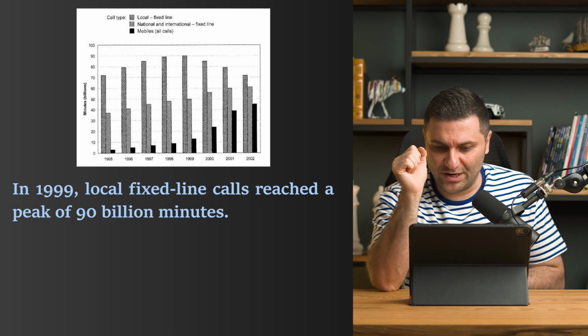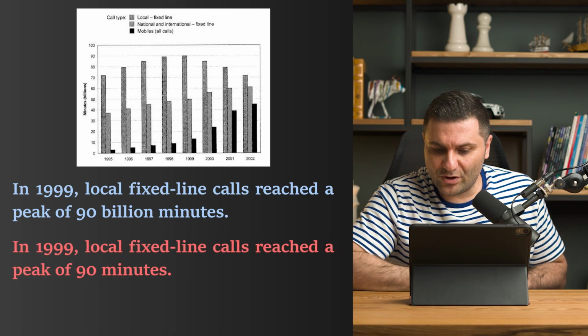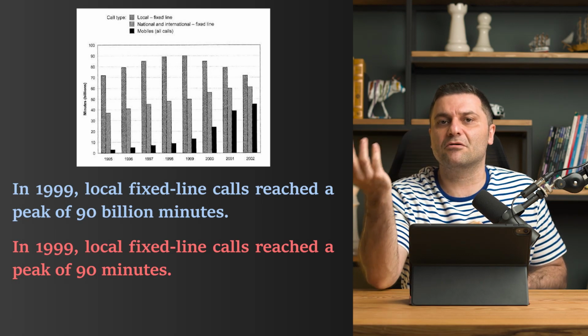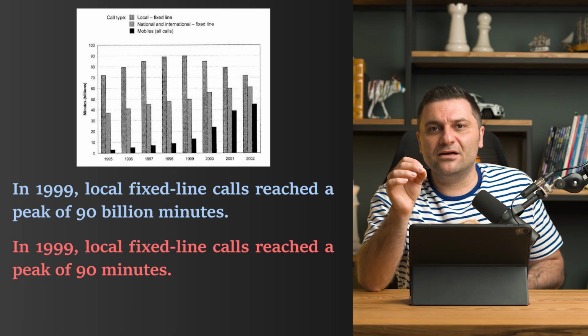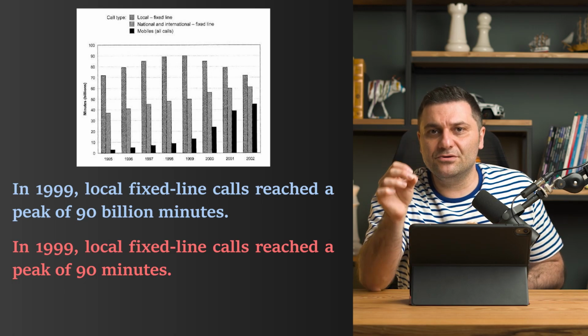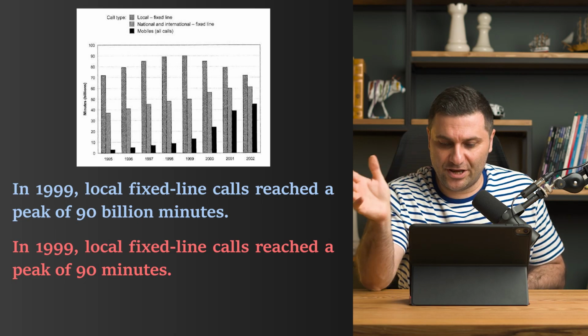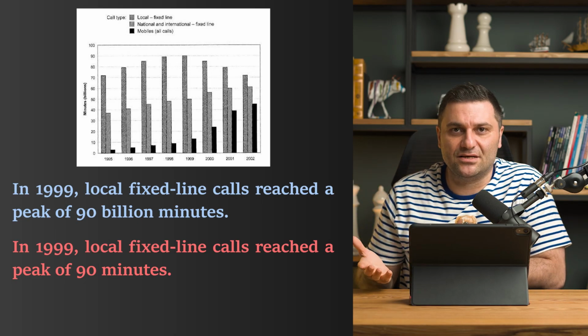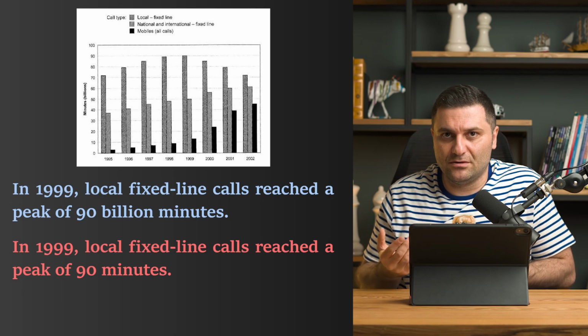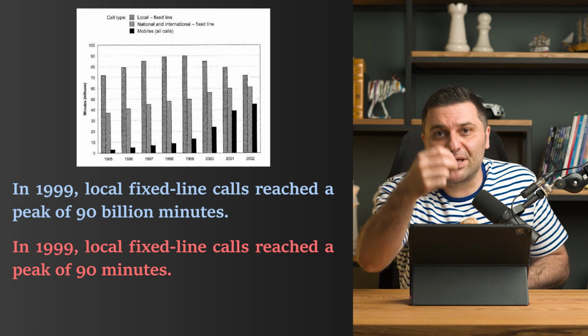For example, this one: in 1999, local fixed line calls reached a peak of 90 minutes. This is incorrect because I have not provided the correct units of measurement. It is in billion. So when you say 90 minutes, it does not make sense. It is 90 billion minutes.